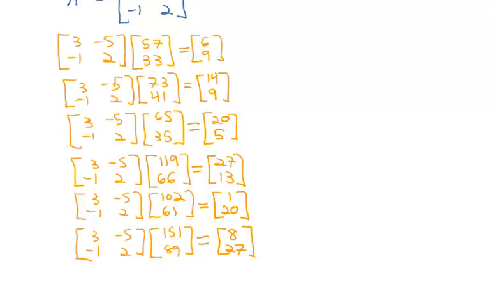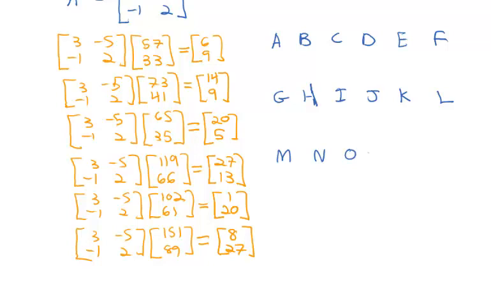Now all we have to do is decode them, remembering that code we had A, B, C, D, E, F, G, H. My H has got a hole in it. There it goes. I, J, K, L, M, N, O, P, Q, R, S, T, U, V, W, X, Y, Z, and space.